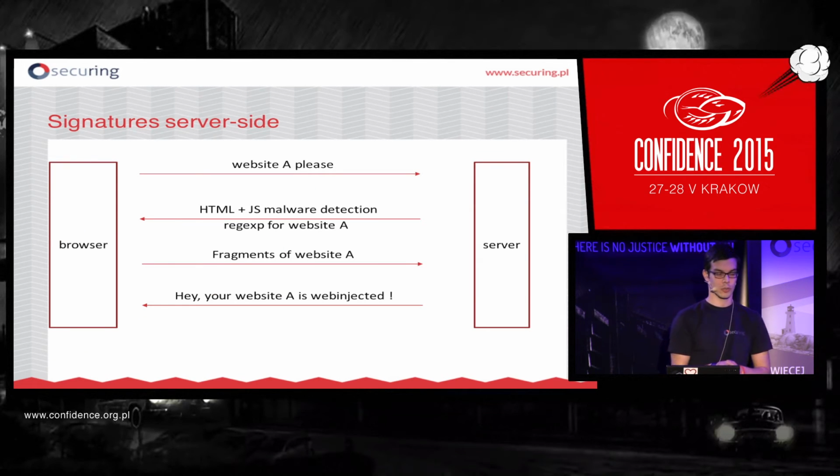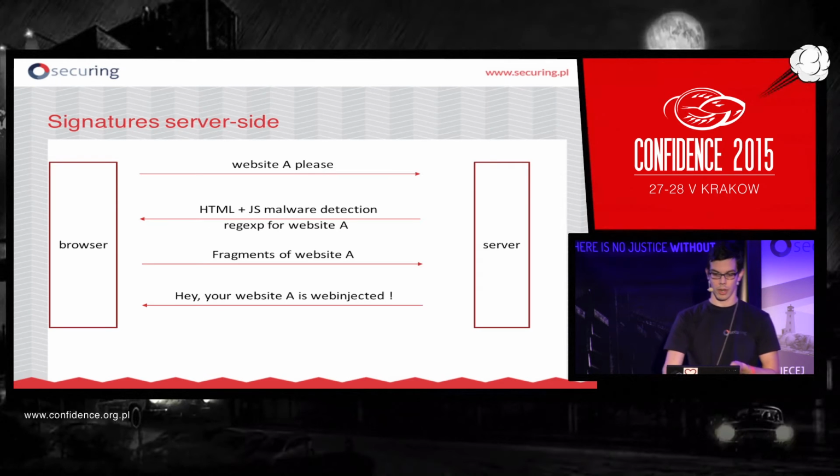Speaking about signatures, we found two approaches: signatures server-side and client-side. How do server-side signatures work? The user requested some site, navigated to his banking site, and got all the HTML, JavaScript, and CSS files.